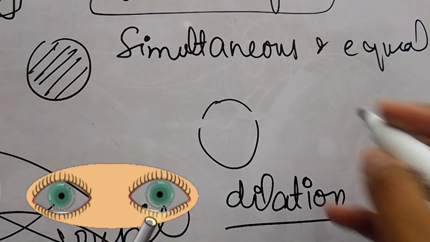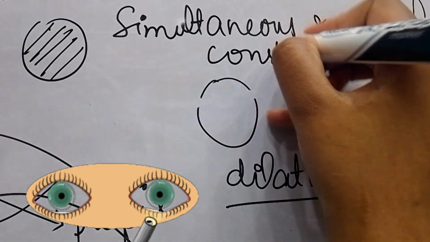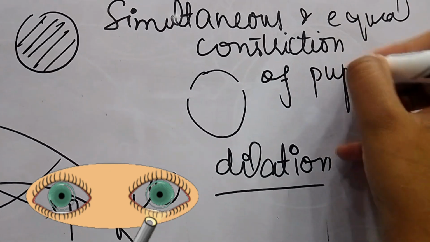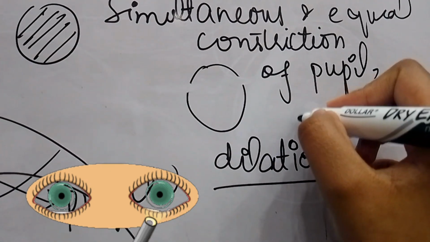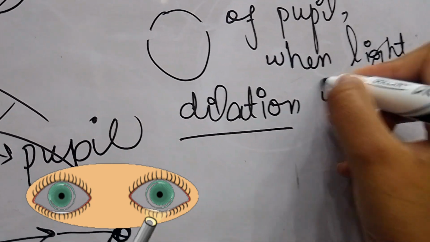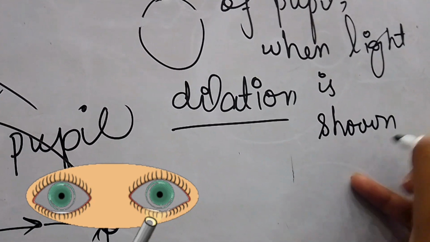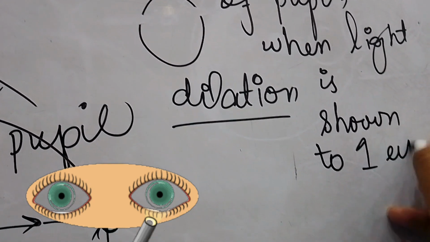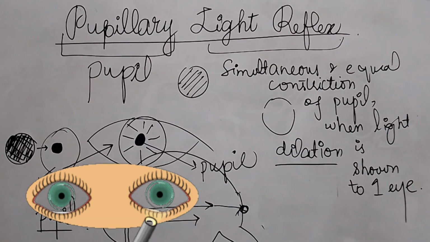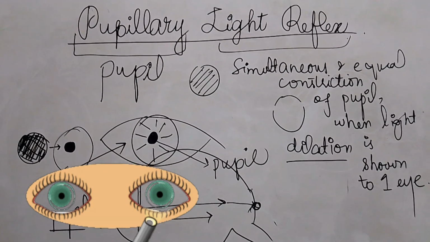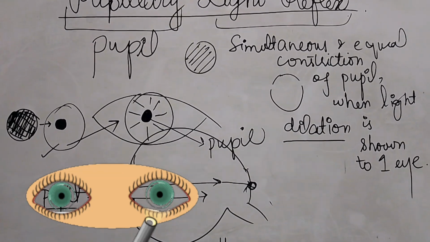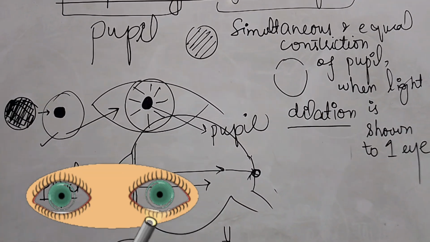So simultaneous and equal constriction of the pupil when light is shown to one eye, right? So this is the pupillary light reflex, which states that there will be the simultaneous and equal constriction of both the pupils when light is shown onto one eye only.